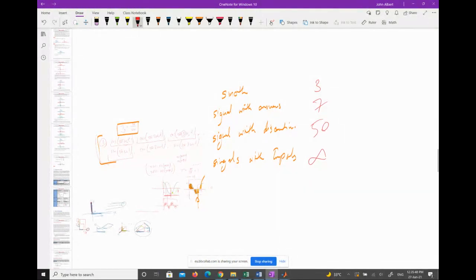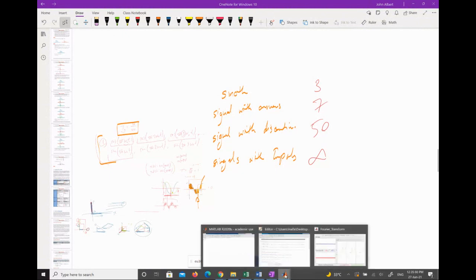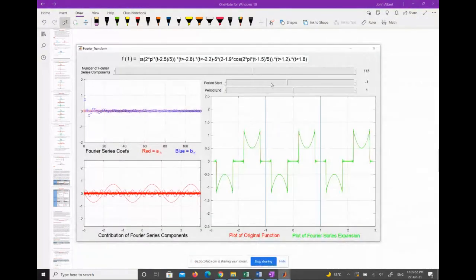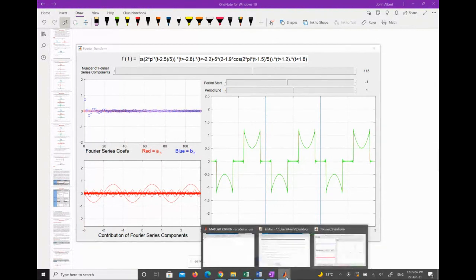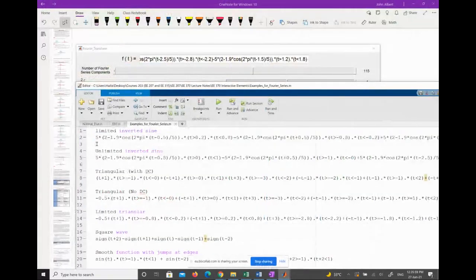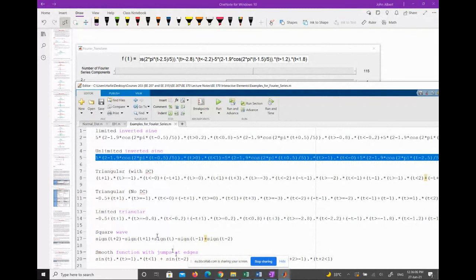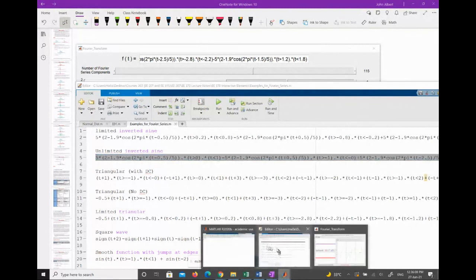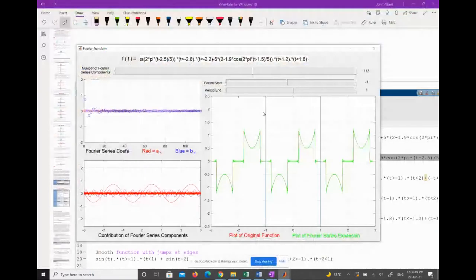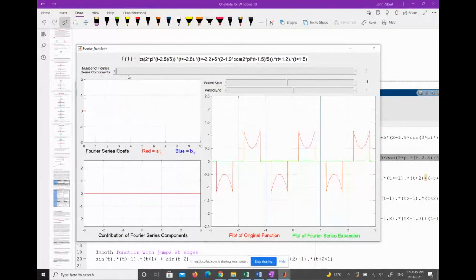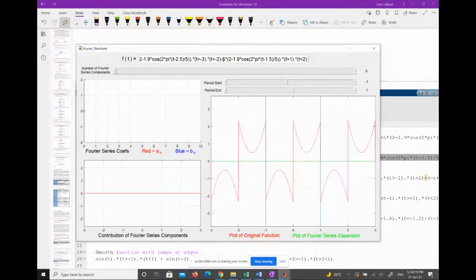Okay? So let me go back to MATLAB and show you now a different signal. What I called limited inverted sine, let me look at the other one, just to show you that this is not that different. First of all, let me take this all the way to 0, so that it does not take a long time. Now, this is the second signal.